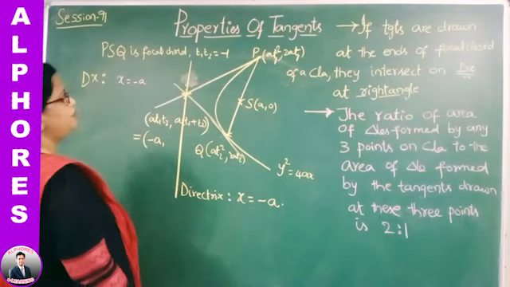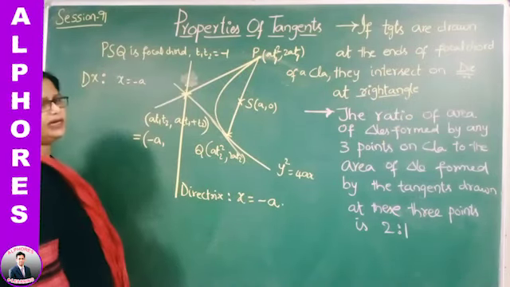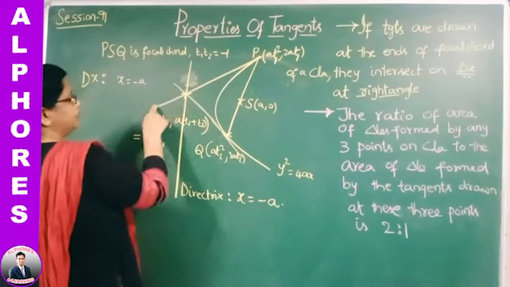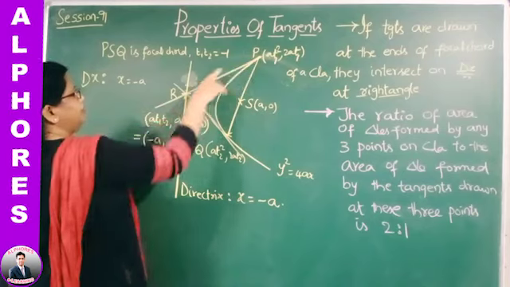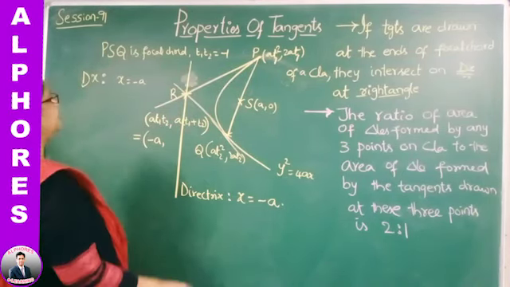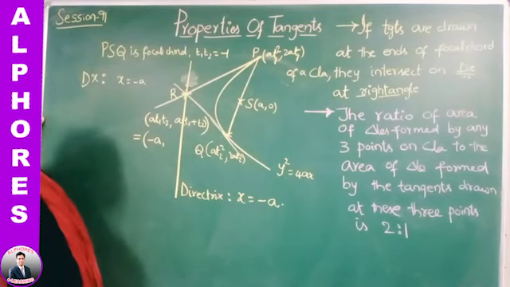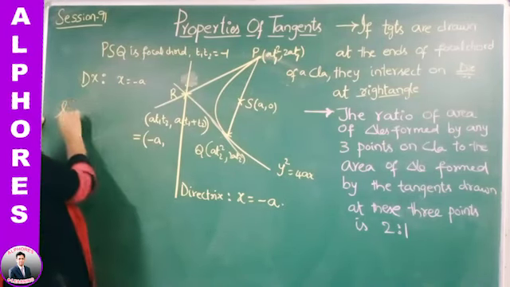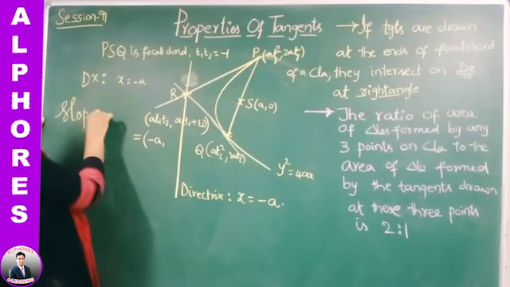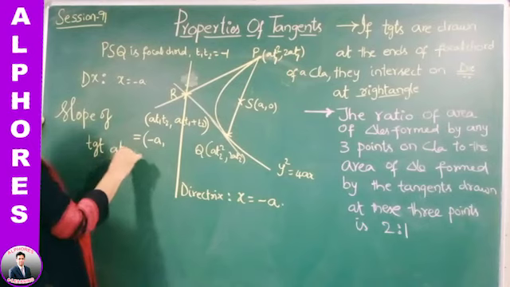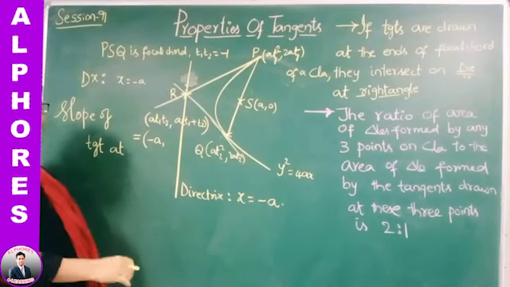Then how can we decide that they are exactly at right angle? Now what is the slope of this tangent? All of you know the equation is yt1 is x plus at1 square. So the slope of the tangent at t is nothing but 1 by t.